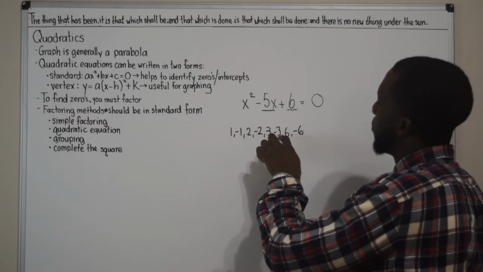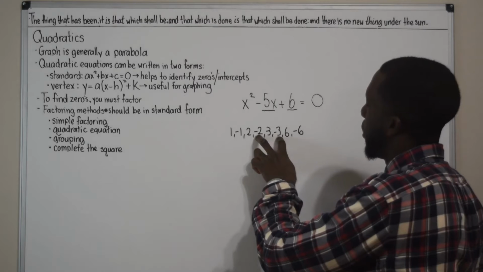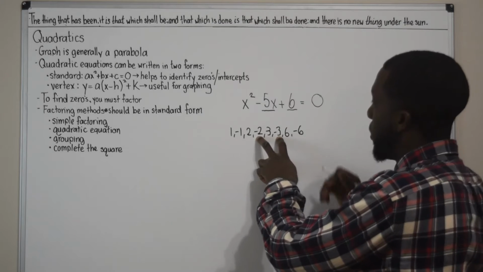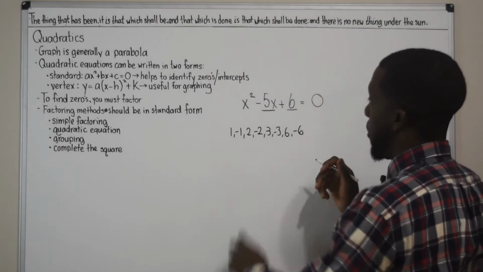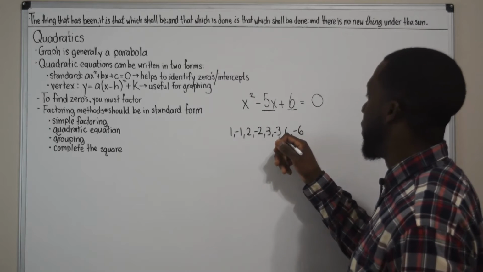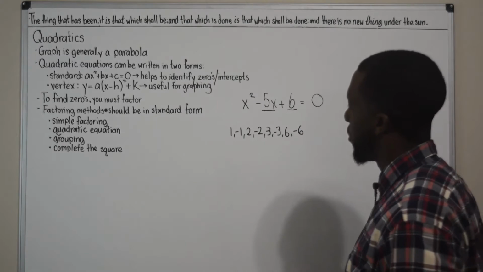Since we have a negative, we're gonna work with negatives. So we're gonna take -3 and -2. -3 times -2 is +6, and -3 plus -2 is -5.